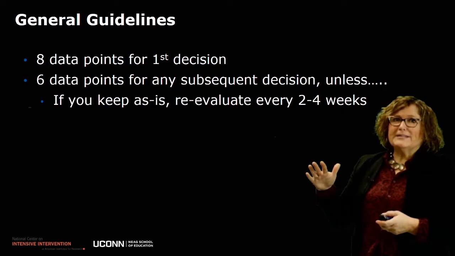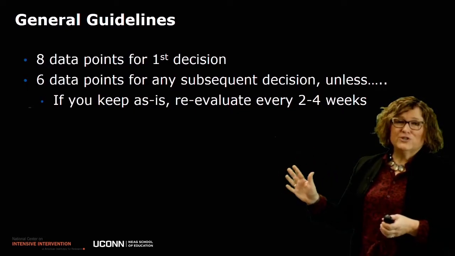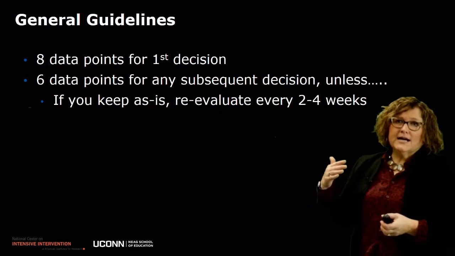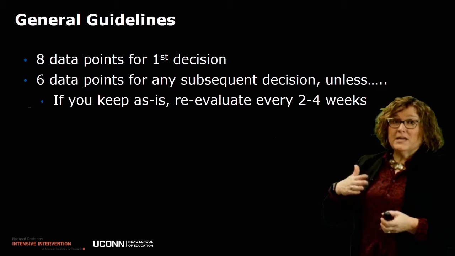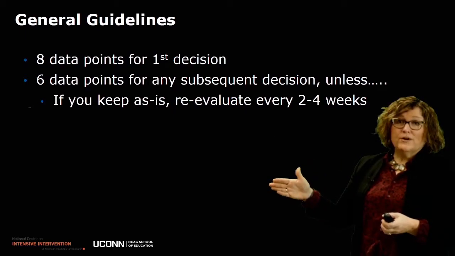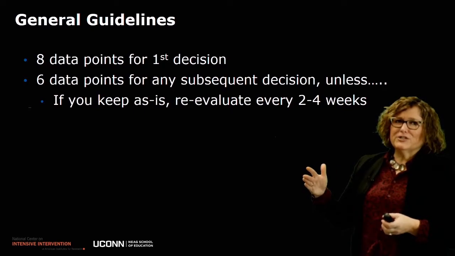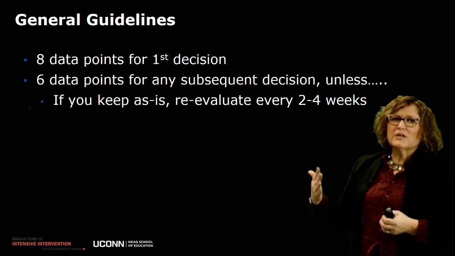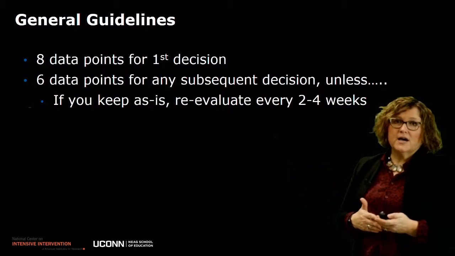We don't want to wait too long if we've kept it as is and then find out we should have made a change. So 8 data points for the first decision, and if you make an instructional change, 6 data points after that. But if you decide to keep as is for that first decision, continue to reevaluate often. 2 to 4 weeks would be the maximum.